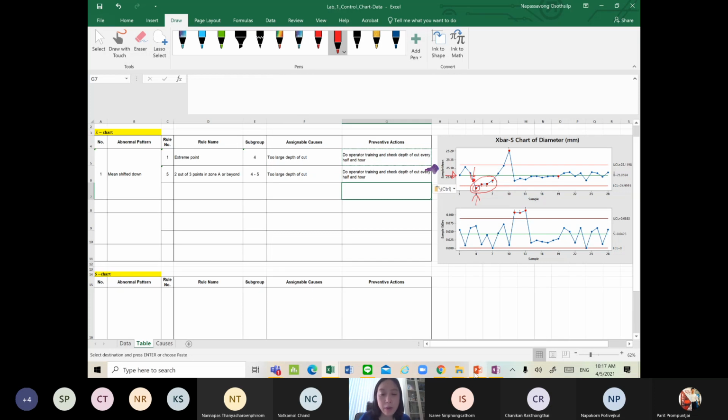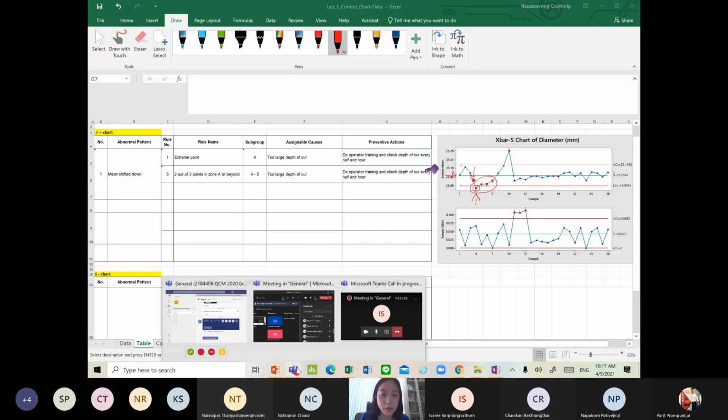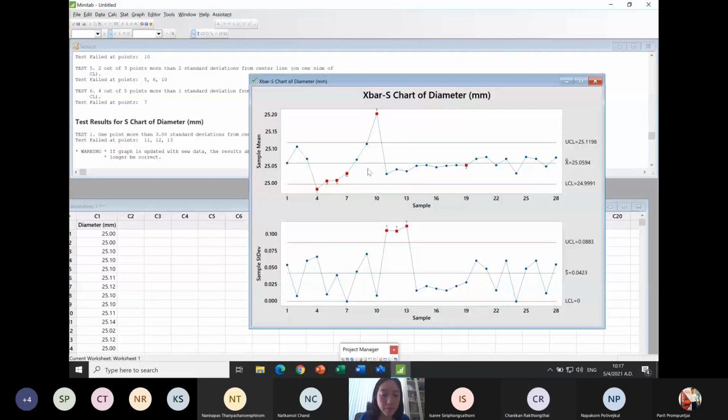And now, move back. For sample number 6, which test fails? Subgroup number 6 test fail is 5, still rule number 5. Why still rule number 5?